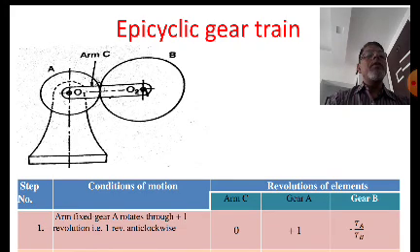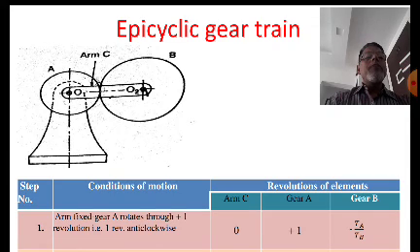What is the difference between the previous three gear trains and this epicyclic gear train? In the previous three gear trains, the axes of the shafts on which the gears are mounted are fixed, whereas in the epicyclic gear train, the position of the axis varies.